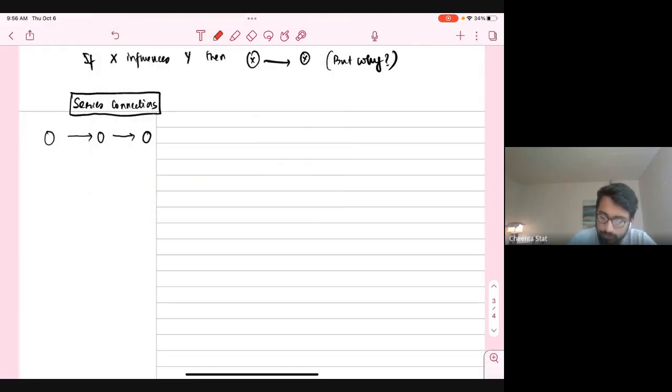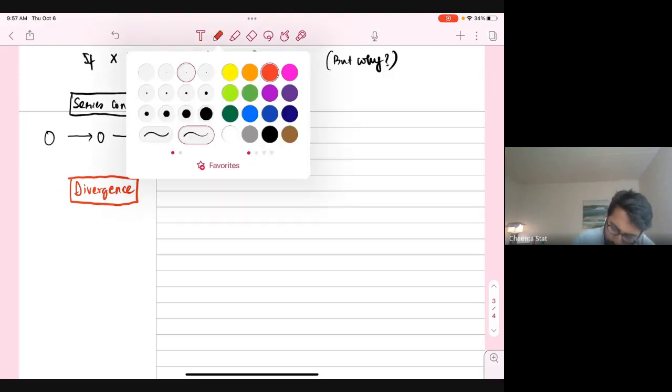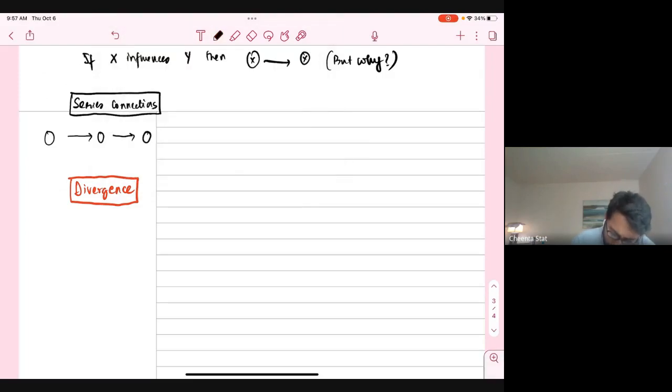The next connection, I think one is diverging, one is convergence. I think this is like this.